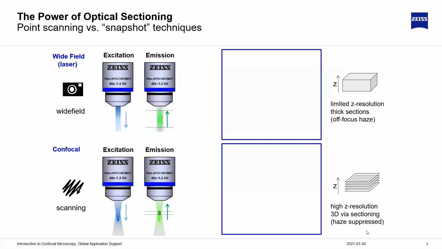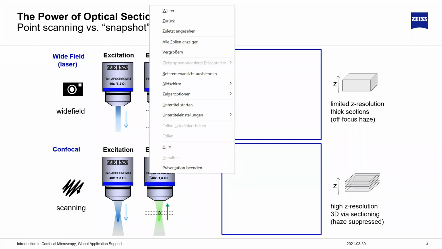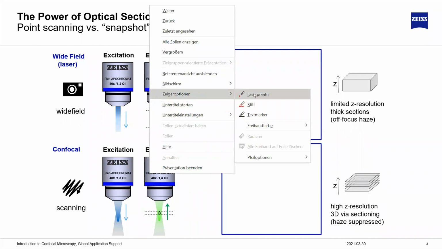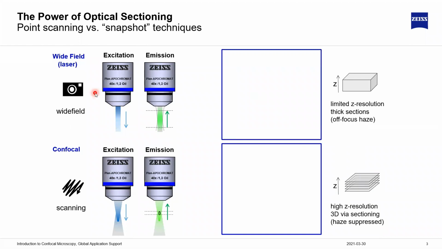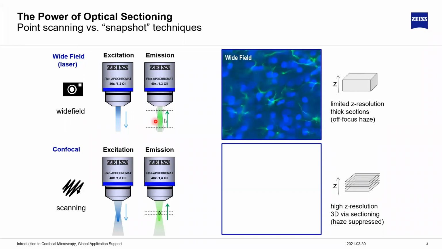So as a first introduction, what is basically the difference between, let's say, a normal wide field microscope, which is using a camera to see your sample, and a confocal microscope? In a typical wide field microscope, where you use a camera to detect your sample, you can basically get your image in one snap.